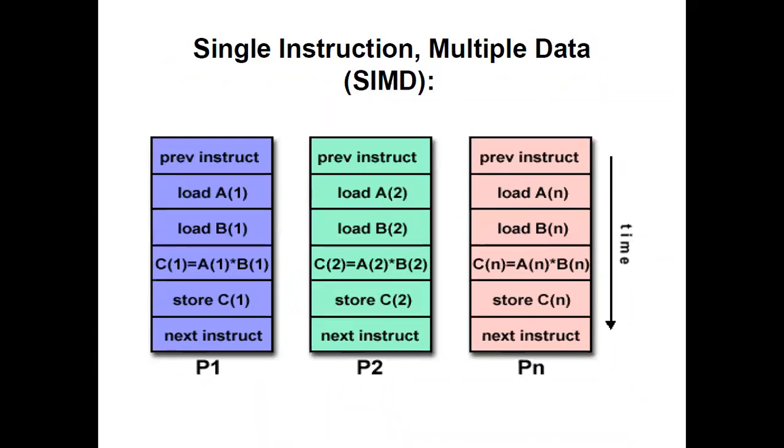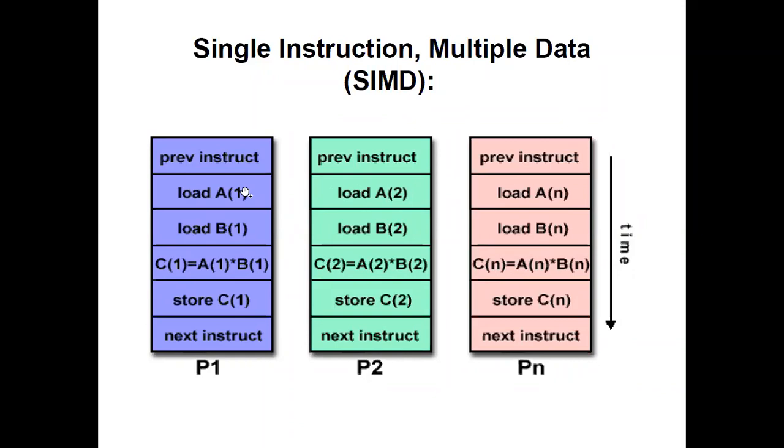Let us see the example. Here you are able to see that we have processors P1, P2, and Pn. At a particular time, the same instruction is executed on each of the processors. So load A is executed here, here also load A is executed, and here also load A is executed. But what is the change?